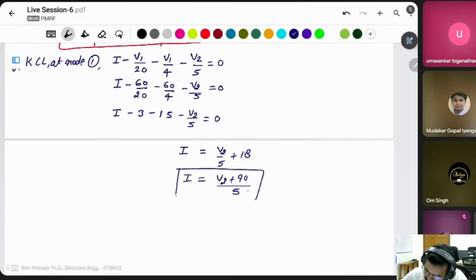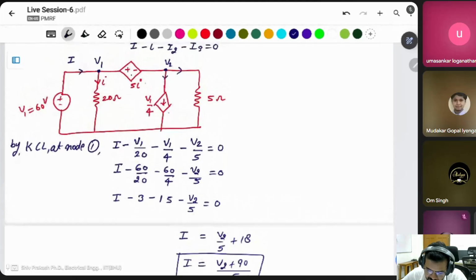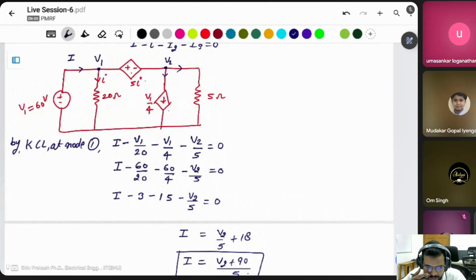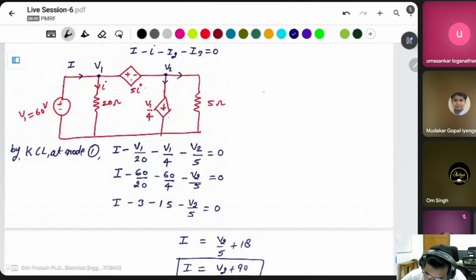Then we have to find the I2. How can you find I2? This is V1 and V2 in this configuration. V1 minus V2 is equal to 5I. This voltage minus this voltage is equal to 5I.